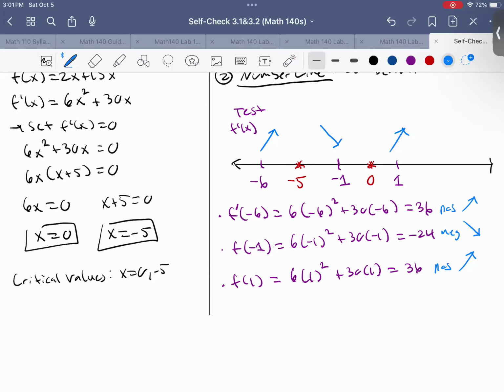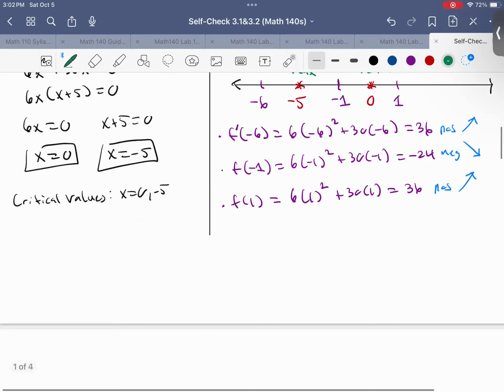So what this means is, this isn't part of the question, but you can identify that it looks something like this, right? So this is going to be a max. And likewise, it looks something like this, right? So this is going to be a min. But we're just talking about increase, decrease.